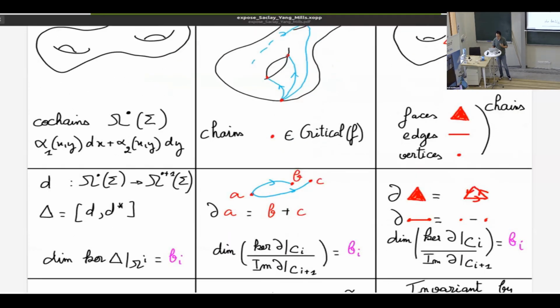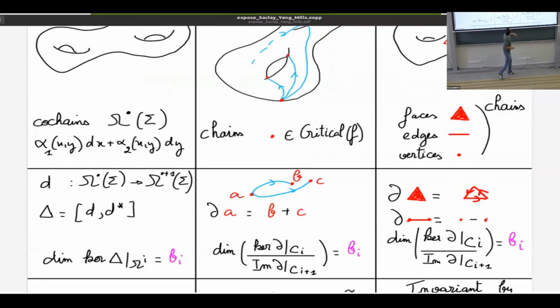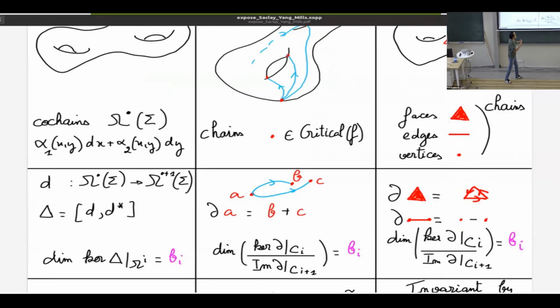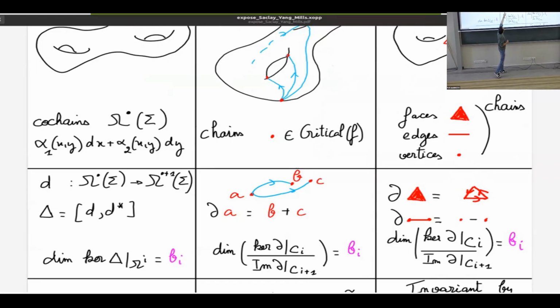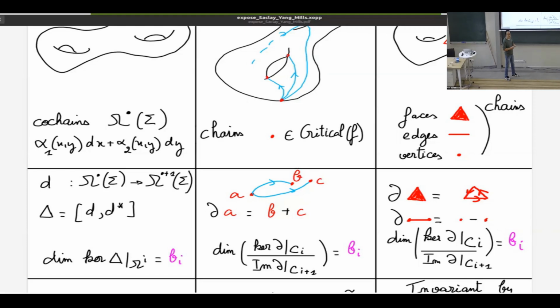You have a certain boundary operator. So instead of calculating the boundary of a triangle, here the boundary of a critical point will be defined in terms of the critical points connected to it by certain gradient lines. And from this chain complex that you can cook up using the critical points, you also derive the Betti numbers.